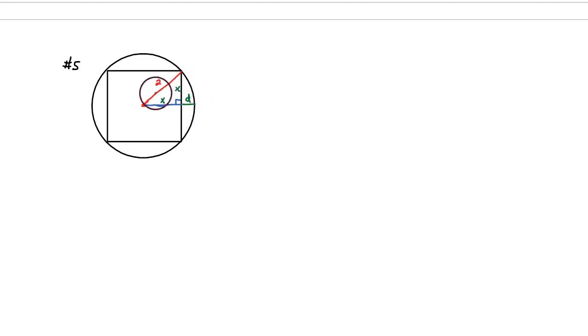Do you see a right triangle where the diagonal side is 2, this side is labeled x, and this side is labeled x? Let's figure out what x is using the Pythagorean theorem. So c squared equals a squared plus b squared. For letter C, fill in 2. For letter A, fill in x.